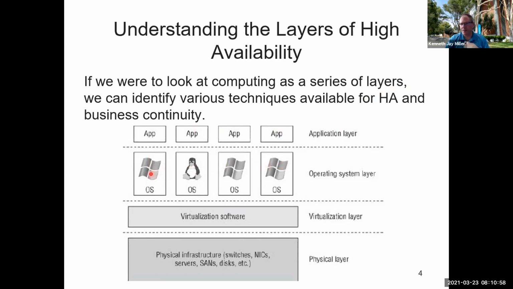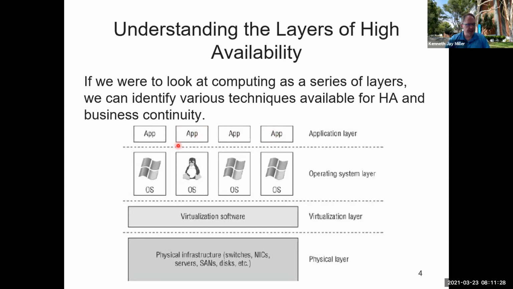These could be servers, and if it's a big time application, it's probably going to be on servers, so it's a little more robust. But you can install it on multiple operating systems, even if they're not the same, right? We have Windows and then Linux here. And this application will be aware of the other copies of it, the other installs or instances of it, and it'll function as a unit.